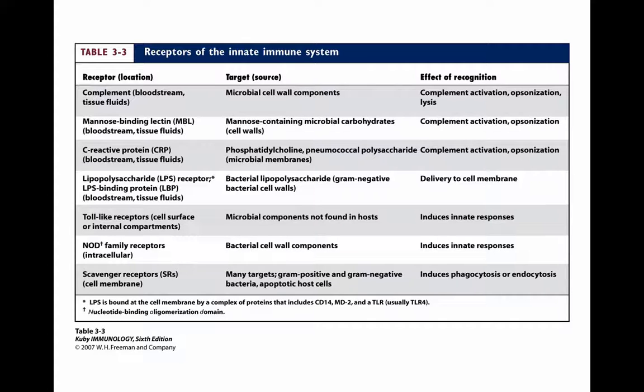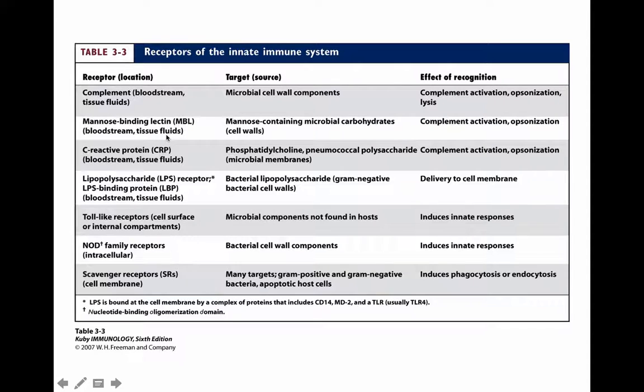So, a lot of the receptors of the innate immune system include things like the complement cascade. They're going to bind to negatively charged particles on the target microbial cells, and then they'll cause opsonization and chemoattraction and all sorts of activities that can occur there. You also have mannose binding lectins.